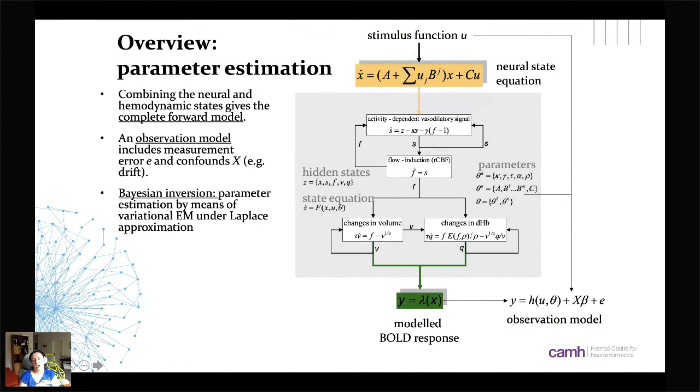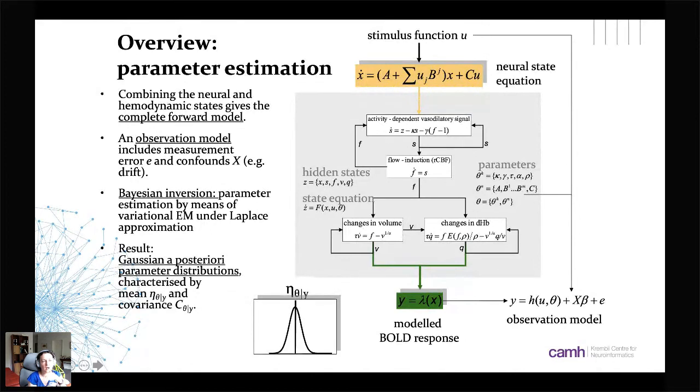And essentially, we aim to estimate the model parameters, the theta n's and the theta h's for the neural state model and the hemodynamic model by means of variational expectation maximization under Laplace approximation. So Bayesian inversion, in which we change the parameters to maximally explain the observed signal. And this pertains both to the neural state equations and to the hemodynamic response model.